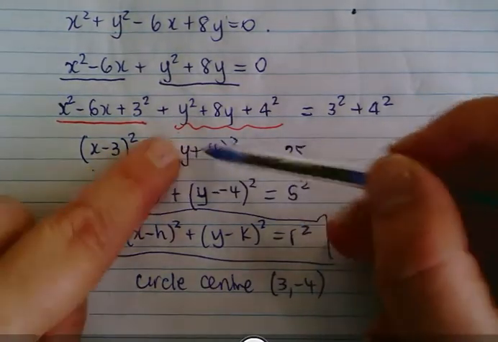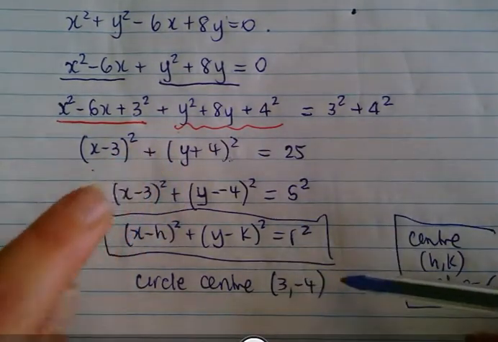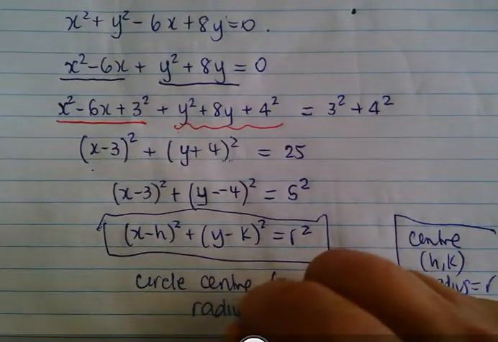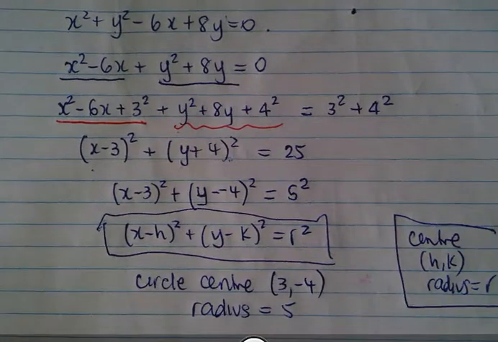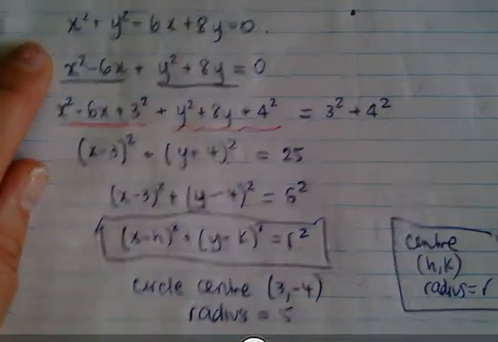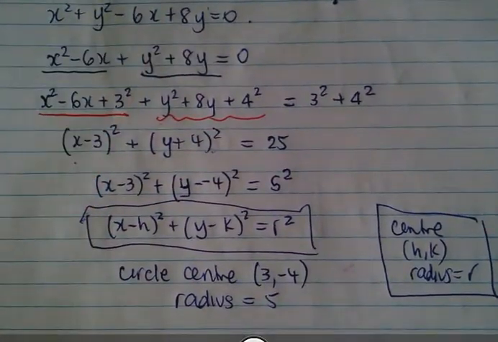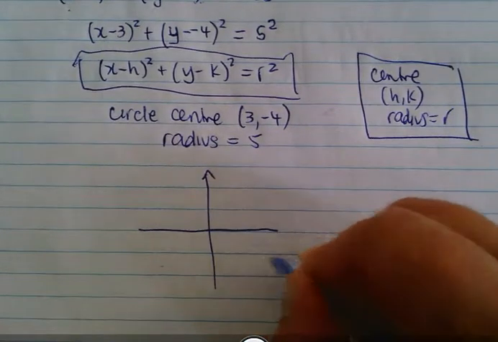What makes this 0? y is negative 4. And that's your center, (3, negative 4). And what's the radius? Radius is 5. So that's your circle. Center (3, negative 4), radius 5 from this given equation here.